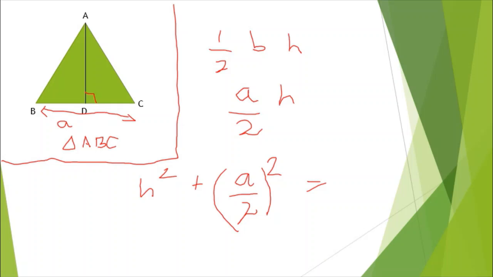Now AC, as I told you, equilateral triangles have all angles and all sides equal. That is, all angles are 60 and all sides are equal. But coming back to the topic, AC is equal to BC is equal to AB.